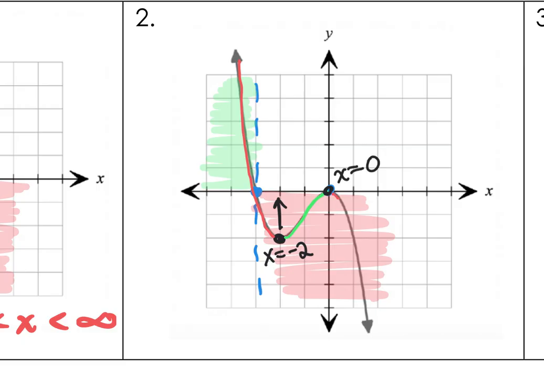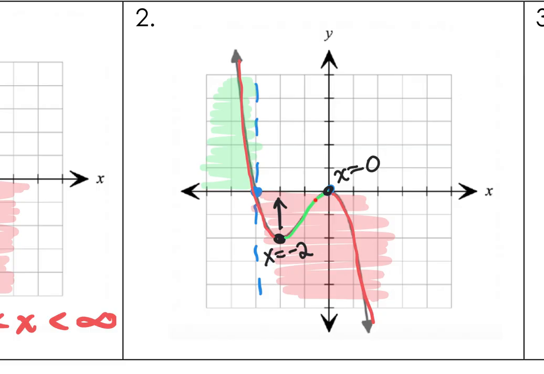And then at x equals 0, it begins to decrease again. So this time we're going to have 2 decreasing intervals and 1 increasing. So our increasing interval is going to be the easiest because it's between -2 and 0. So when you write that as an inequality, your minimum value is -2, your maximum value is 0. So between -2 and 0 is where it's increasing.